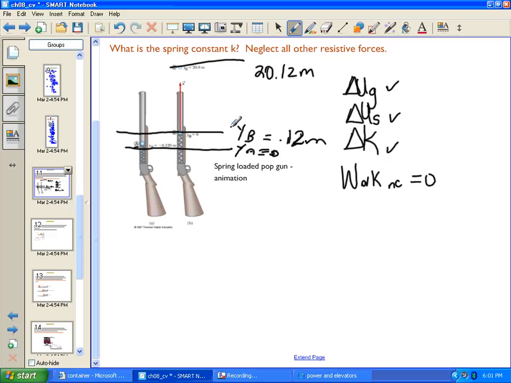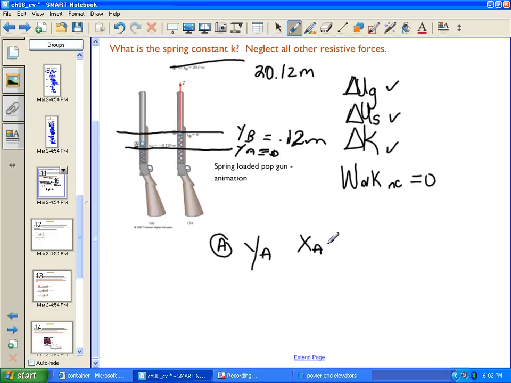So let's agree, just to have a different perspective in this problem, that at position A we have the following. We have our 0 reference of potential energy. X sub A, however, is compressed.